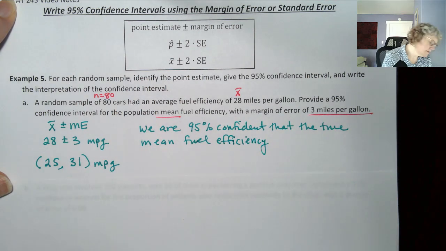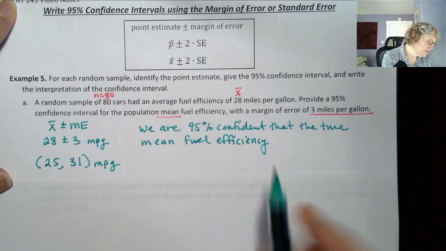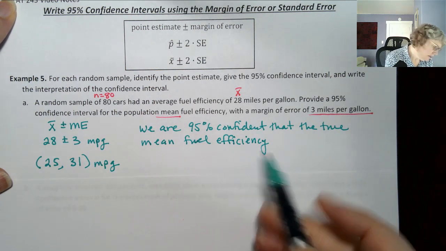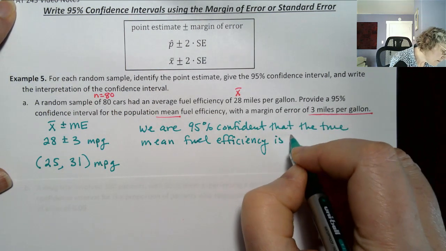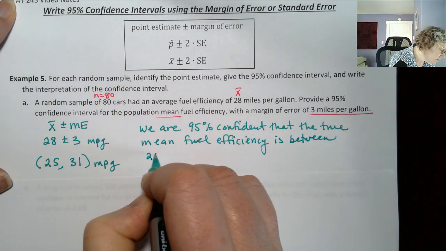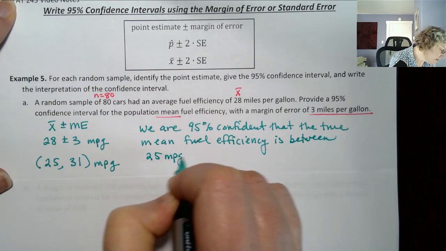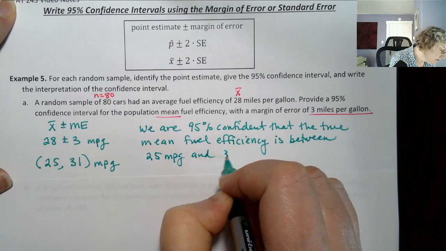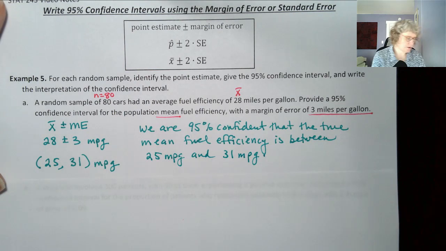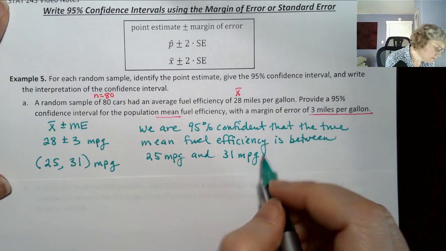We're 95% confident that the true mean fuel efficiency is between 25 miles per gallon and 31 miles per gallon.